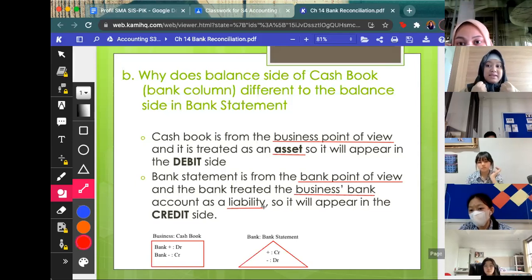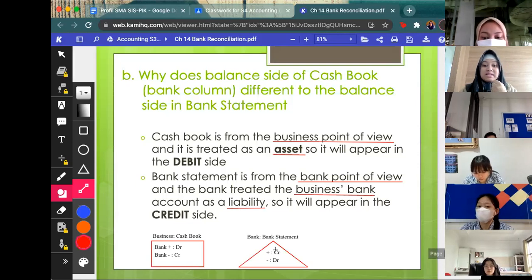It does not belong to me. So from the bank's point of view, I will treat this money as my liability. That is why it will increase in the credit side. Every time the money increases, it will be stated in the credit side because more liability comes to the bank.